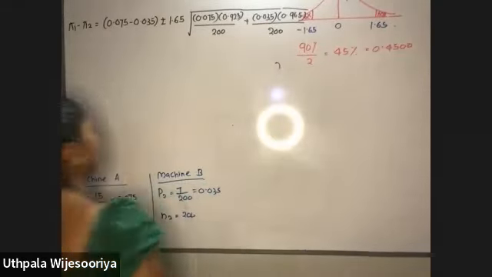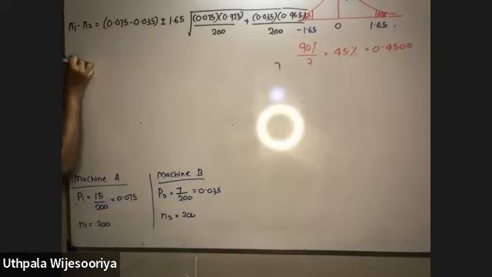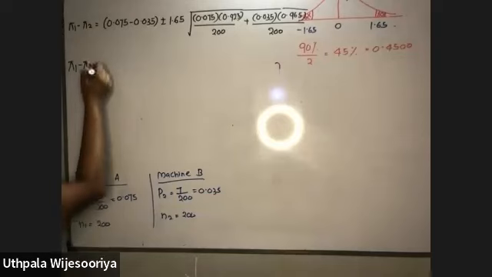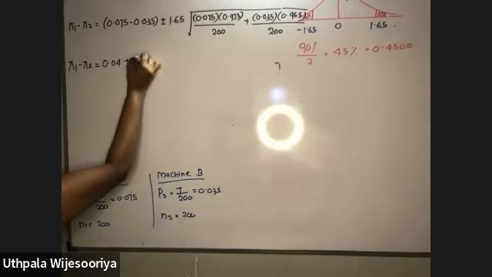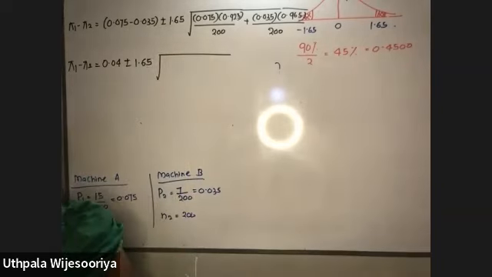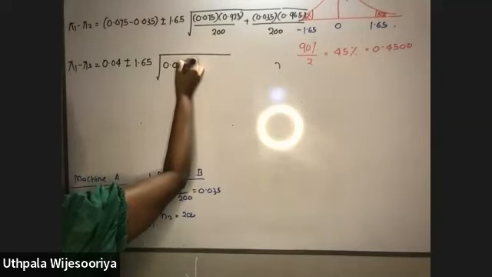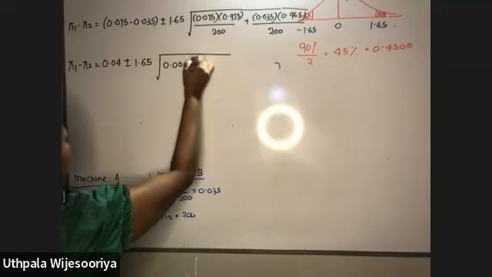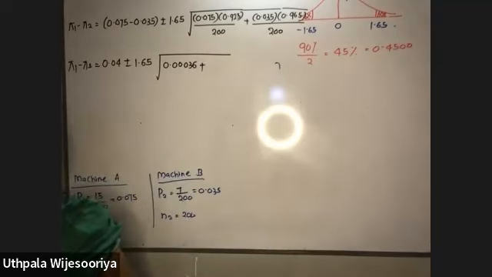The first term comes to about 0.0036 times 10 to the power minus 4 scale, and the second term is 0.035 into 0.965 over 200, which is 0.0016.